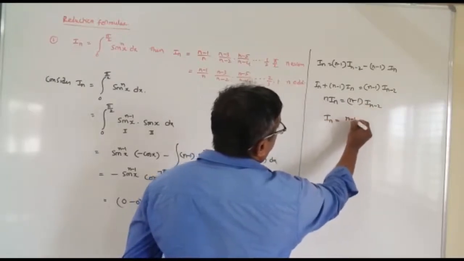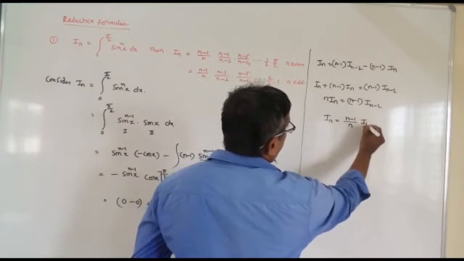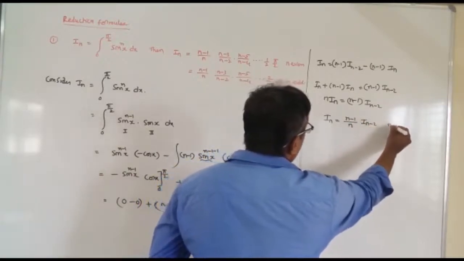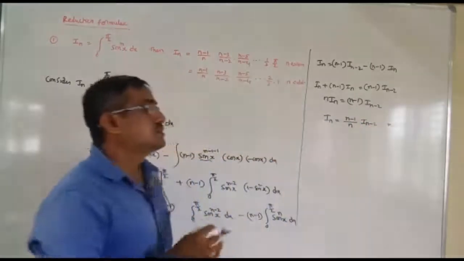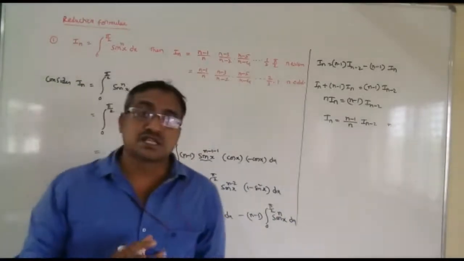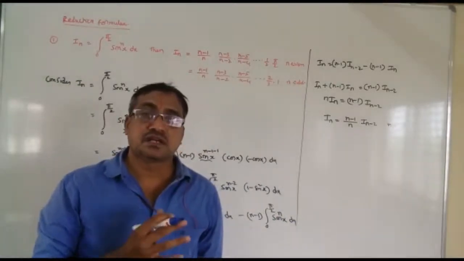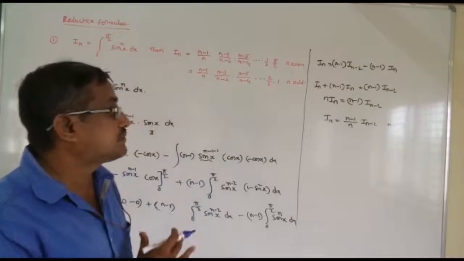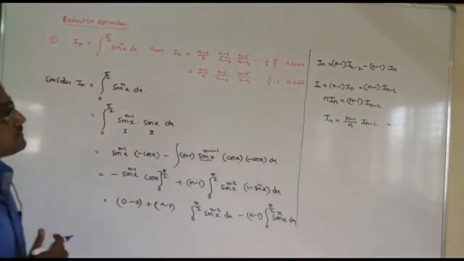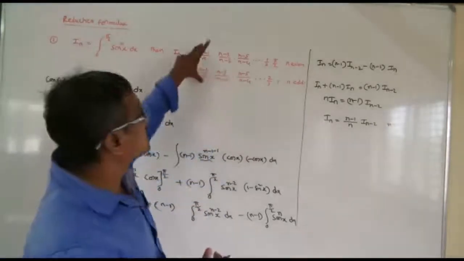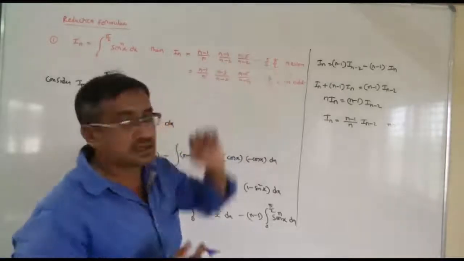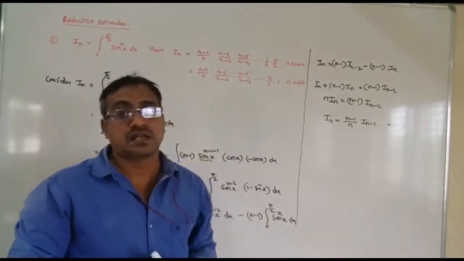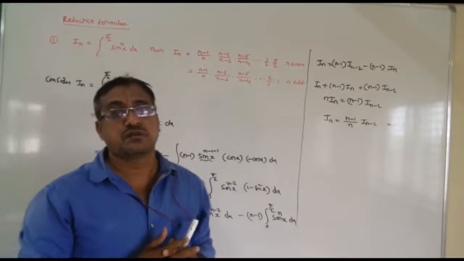In is equal to n minus 1 by n In minus 2, where n is greater than or equal to 2. Now this is the reduction formula for integral 0 to pi by 2 sin power nx dx. Now you have to derive these conditions for n even and n odd. Let us see how to derive those formulas.